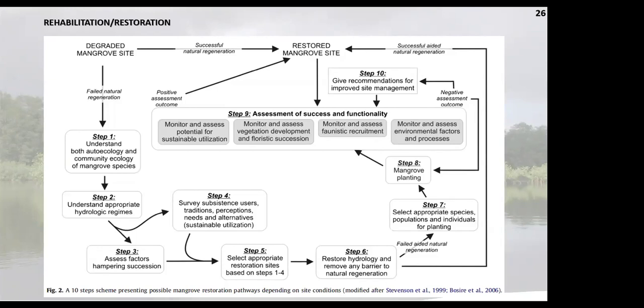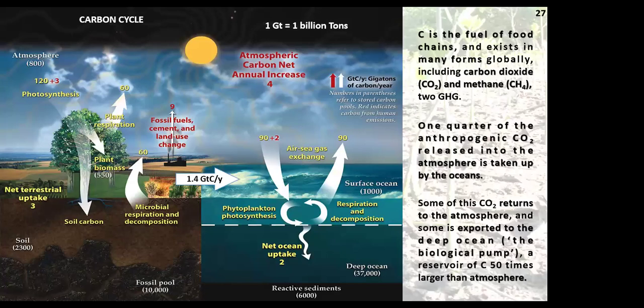Well, again, going rapidly, let's talk about the carbon cycle. If we talk about mangroves and their capacity to store carbon, let's see how the carbon of mangroves circulates in the planet.